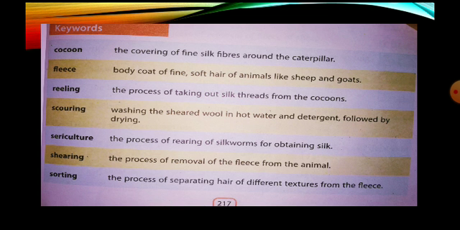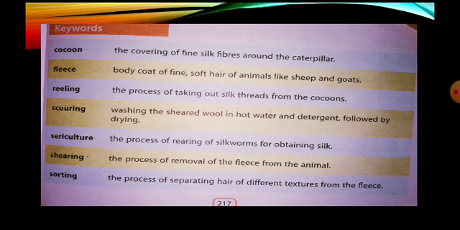These are the animals from which the wool is reared. So, a body coat containing these fine soft hairs is known as fleece.